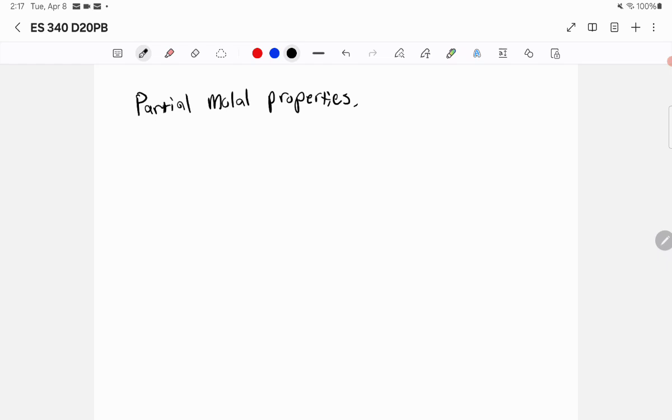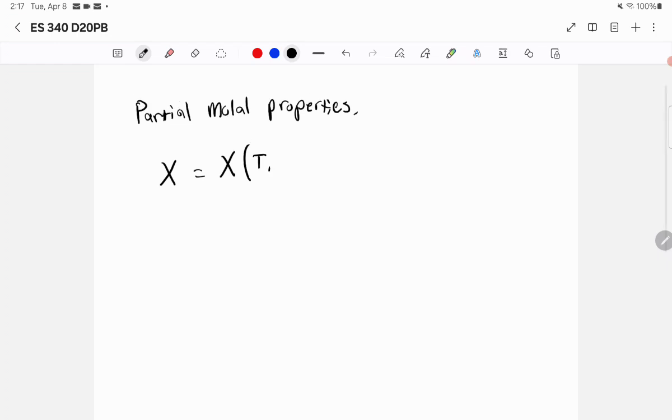So the basic idea here is that I can write an extensive variable, which we're going to call capital X here, which is going to require two properties to define it, and then also the molar quantities if I'm in a mixture.